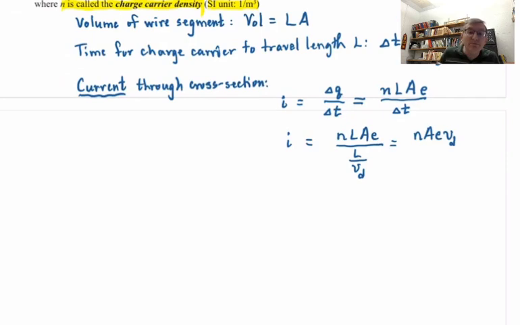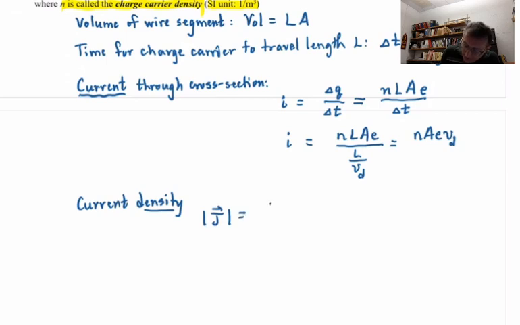Now we will assume that the current density is uniformly distributed throughout the cross-section, so that the magnitude of the current density through our left cross-section is just the total current going through it over its total area.